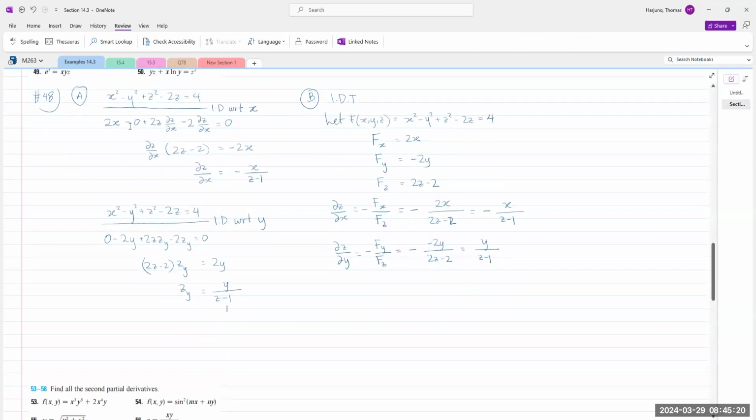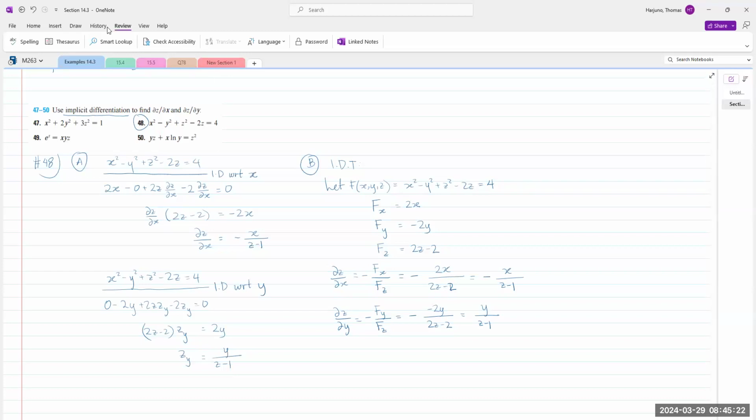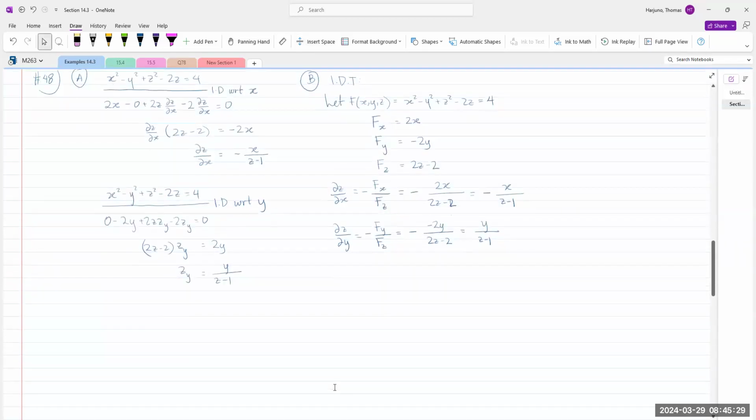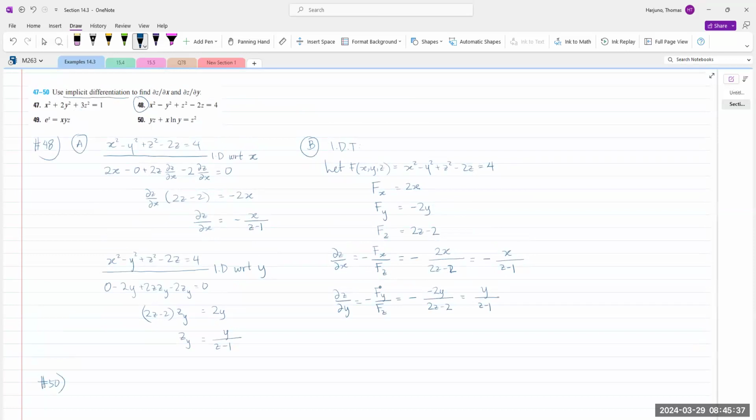Okay, let's do one more, number 50. But as you can see, it's easier for us to use the implicit differentiation theorem, so I will just use that. Number 50, the equation: yc plus x ln y equals c squared.